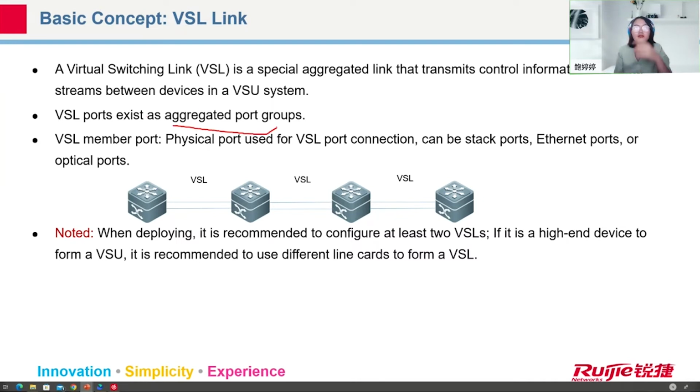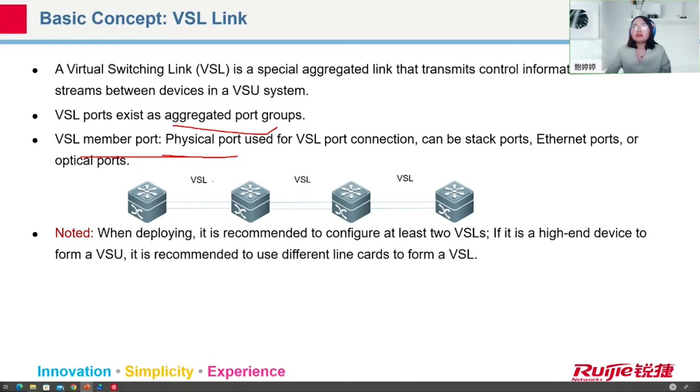So on these devices, you also have to configure link aggregation, but only for the VSL port. And who can be a member of the VSL? Maybe the physical interface. This physical interface can be stack ports, Ethernet ports, or also optical ports. These interfaces can be members.